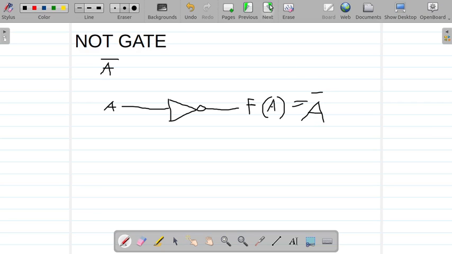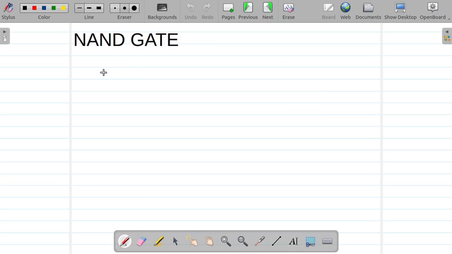So next is the NAND gate. NAND gate is basically NOT AND. It means it inverts the AND.